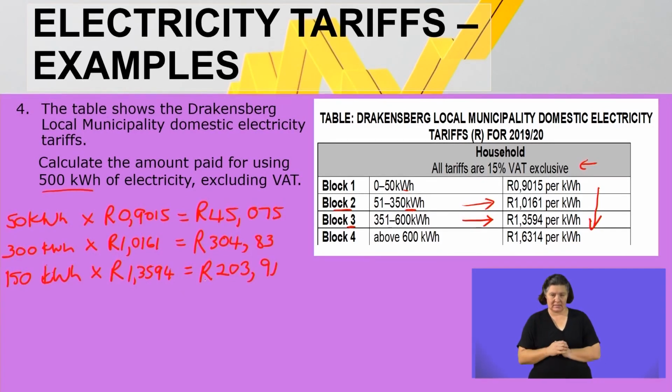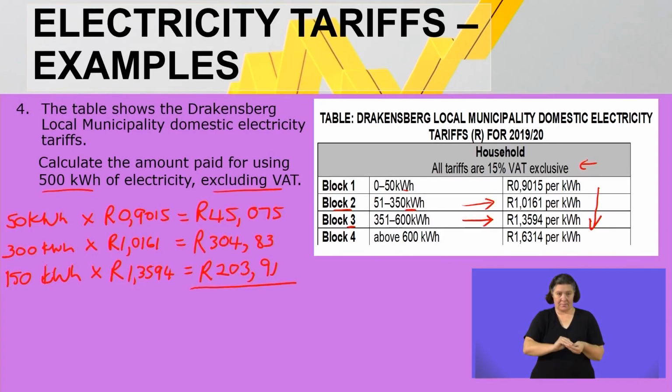So now let's quickly add all of this together. And remember, it's excluding VAT. So therefore, the first amount, 45.075 plus 304 rand and 83 cents plus 203 rand and 91 cents.